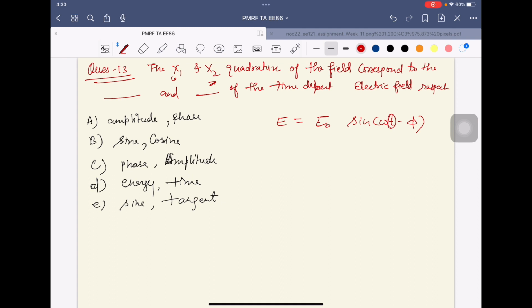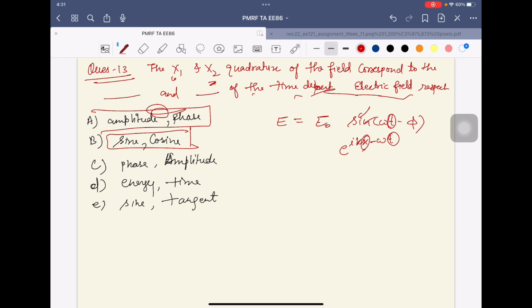And this will be e to the power i(kx minus omega t). So this is in terms of sine and cosine. So the correct answer here is the amplitude and the sine and cosine of the time dependent electric field.